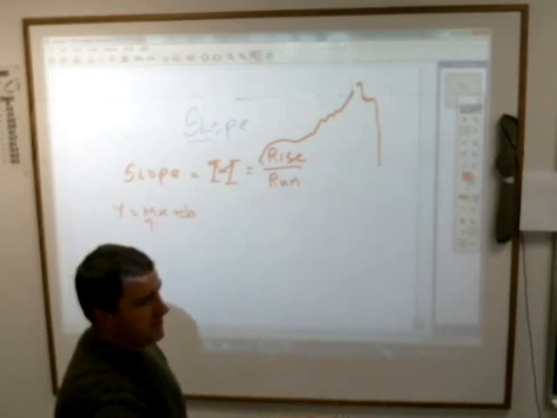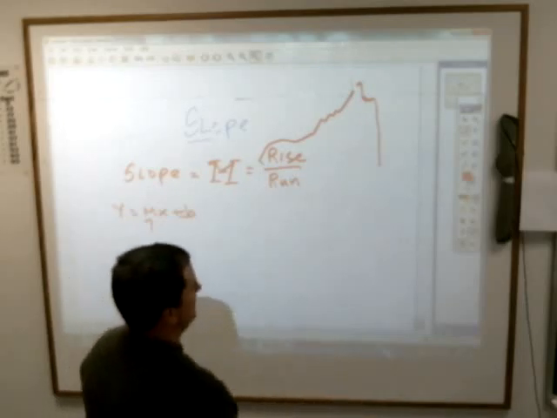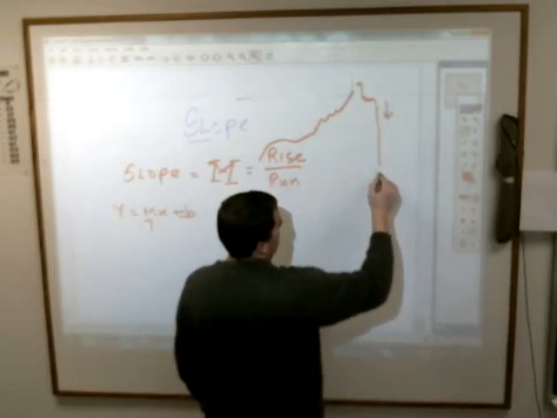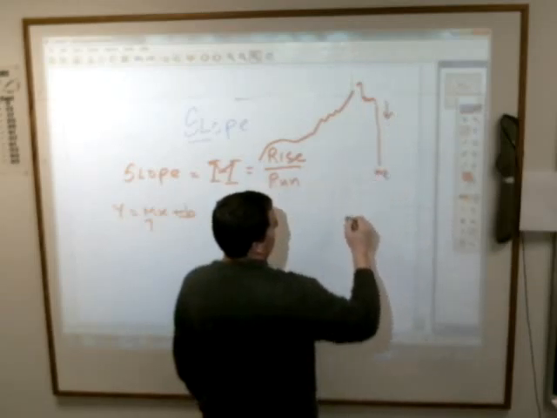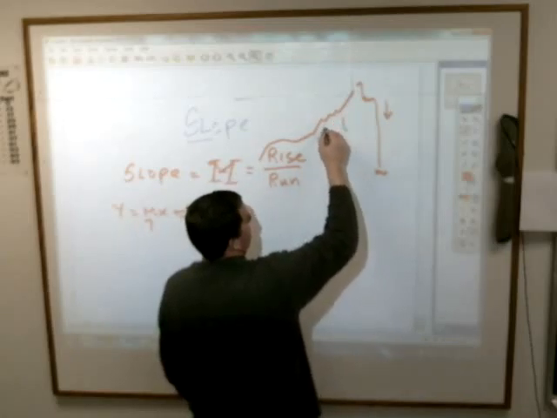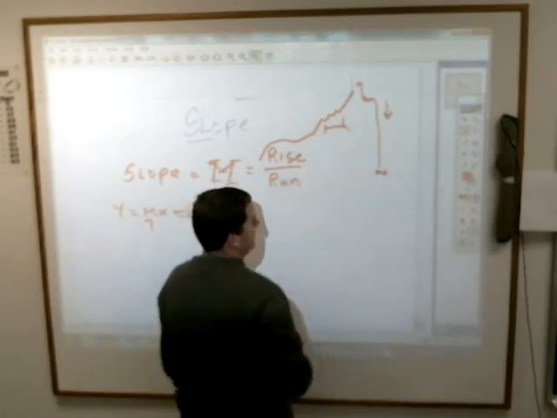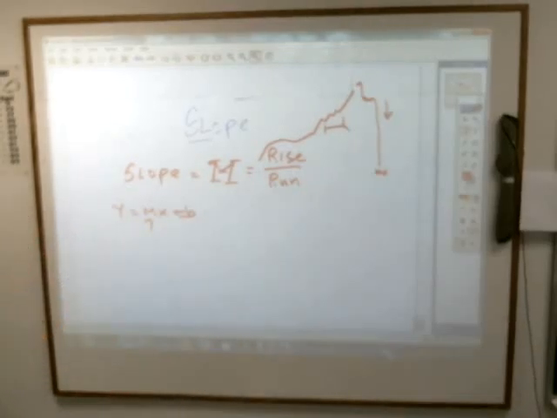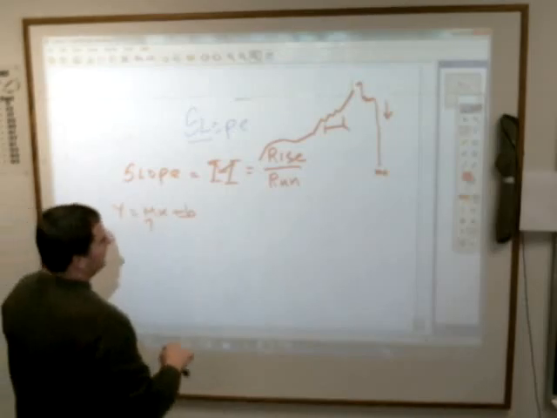The ground changes a lot faster over a distance. Here, this is really steep. In this distance here, the ground changes an awful lot. In this distance here, the slope is less because it doesn't change as much. Now, we've got positive and negative slope, but it's rise over run.